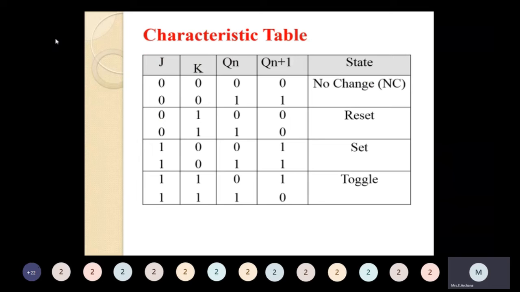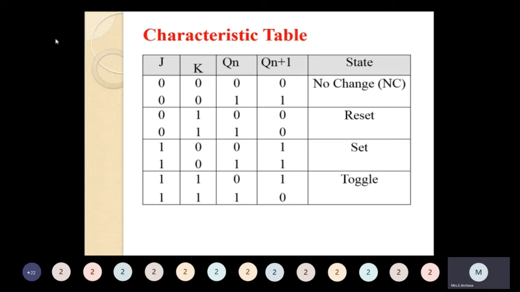When the present state is 1, the next state is 0. So the second state we can call a reset. When my input is 1, 0, the next state is 1, that is the set condition.